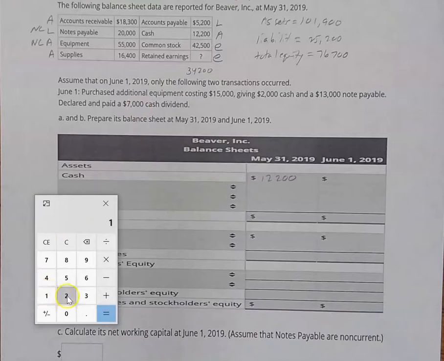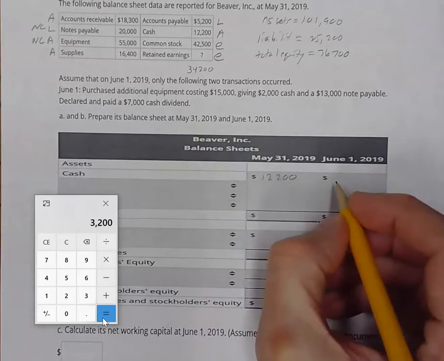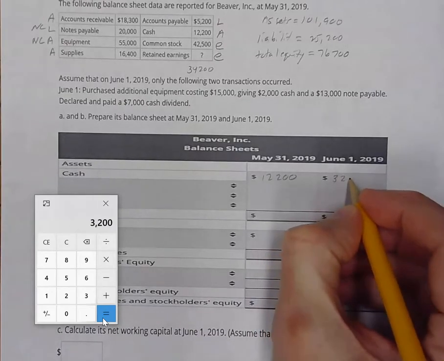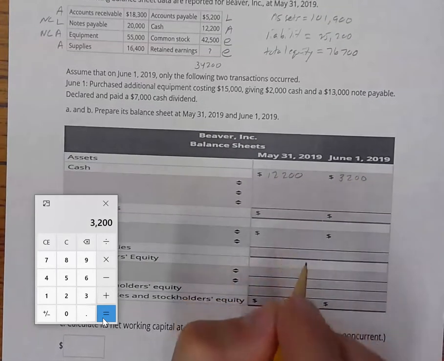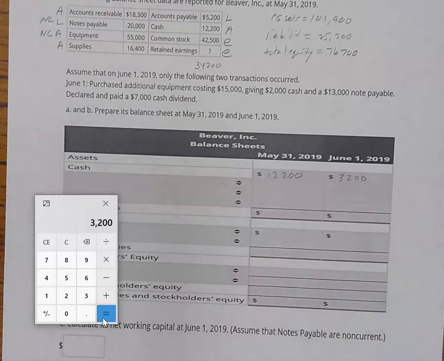So we have $12,200 minus the $2,000 down payment, minus the $7,000 in dividends paid, and that gives us $3,200 for cash on the next day.